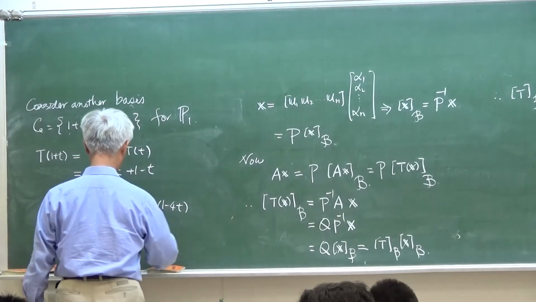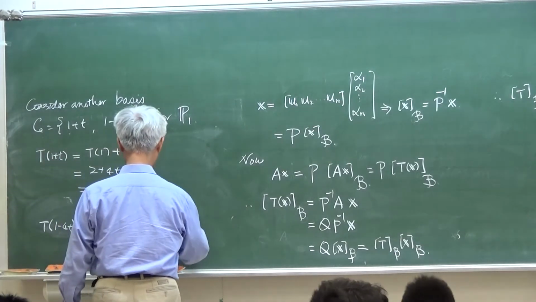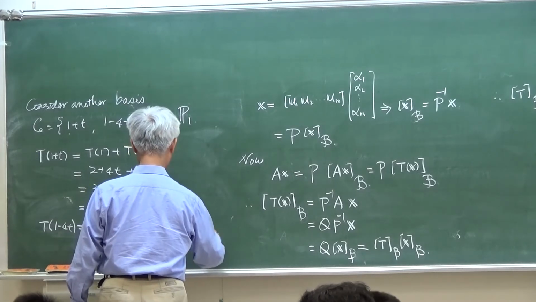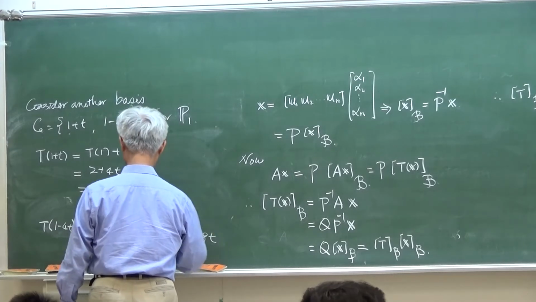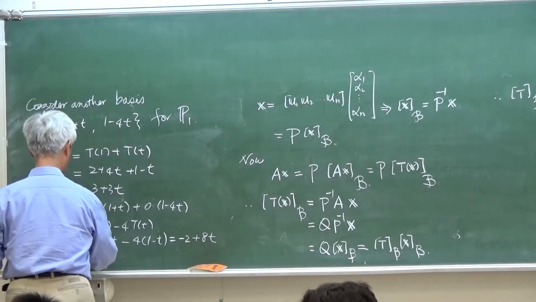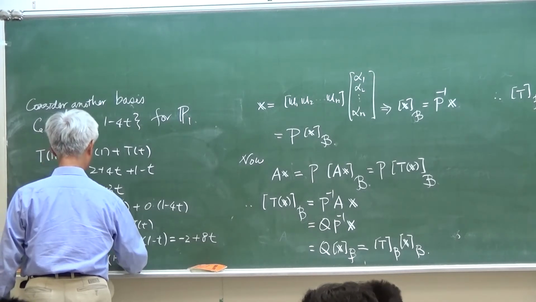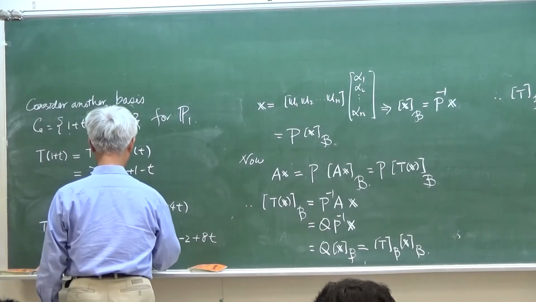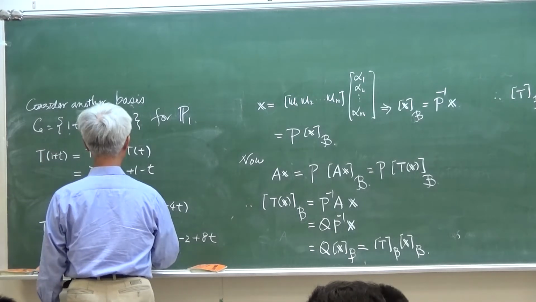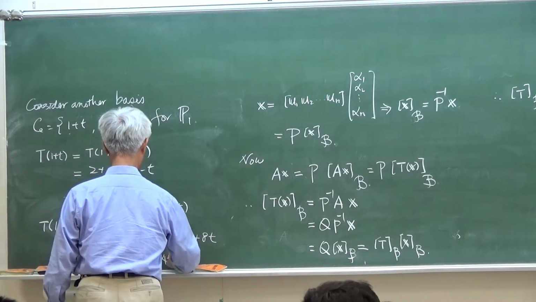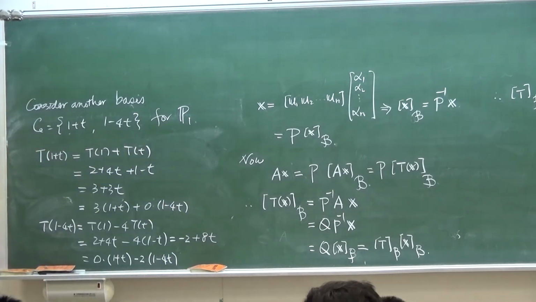So this is, what's that? It's minus 2t minus 2 plus 8t. And so what is this? It's 0 times (1 plus t) and minus 2 times (1 minus 4t). Yeah. Okay.